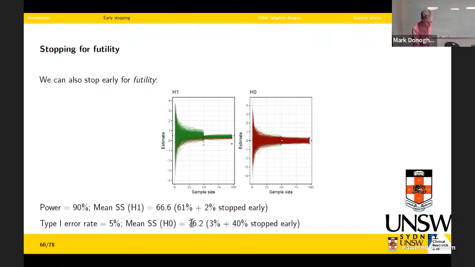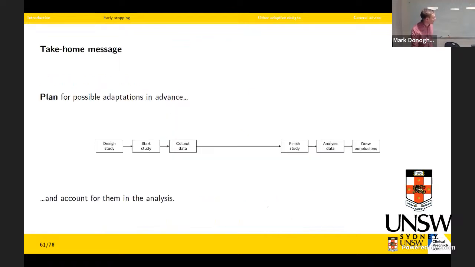But now under H0, we're incorrectly stopping early for efficacy in 3% of cases. But here's our big efficiency gain: 40% of studies are stopping early for futility at the interim analysis. So we're less likely to go the full distance there.